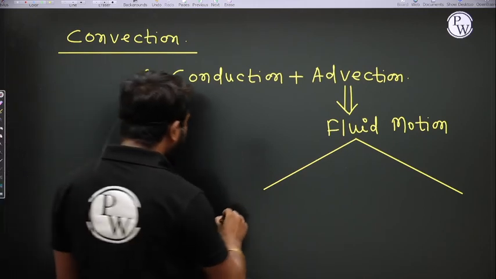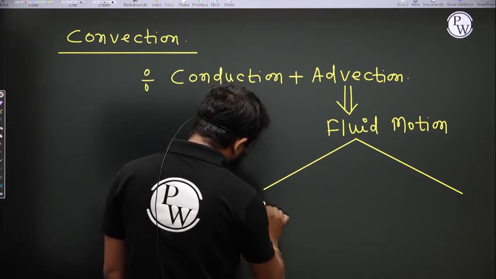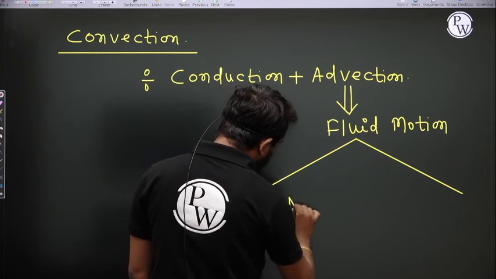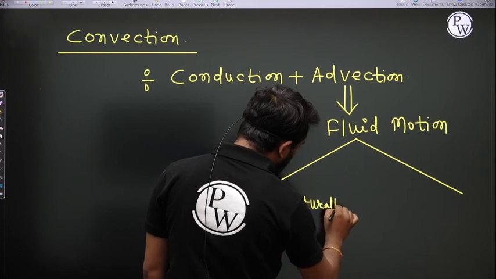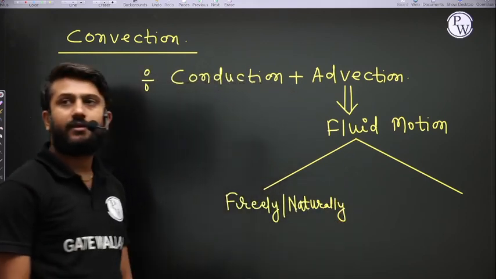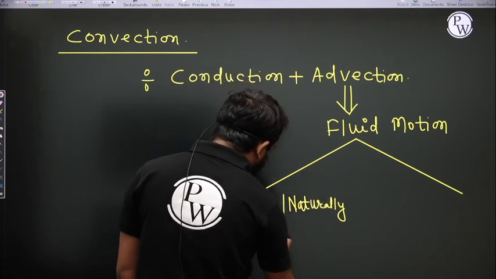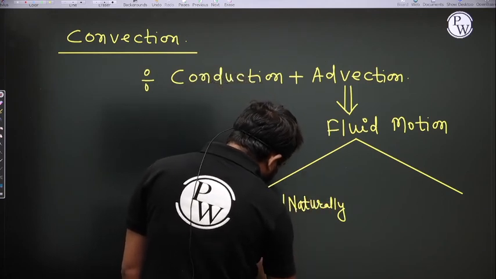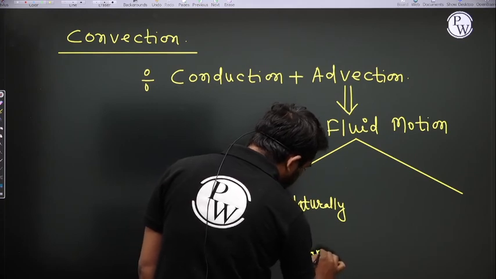One is freely, or you can say naturally. If fluid motion is created freely, then that type of convection is known as free convection.